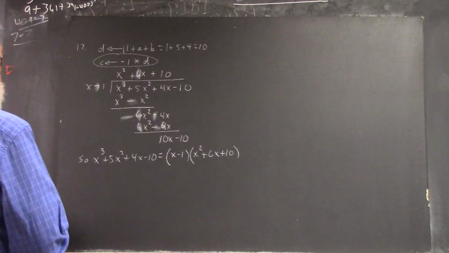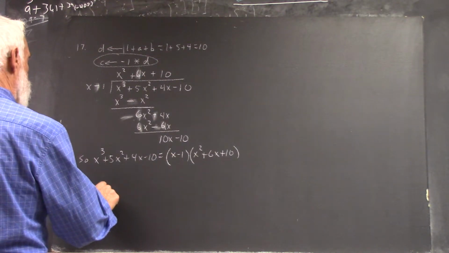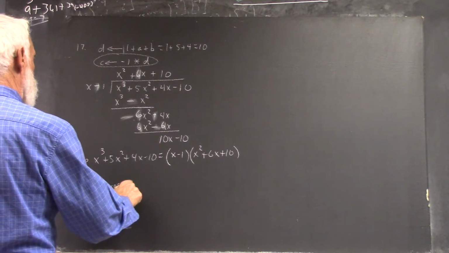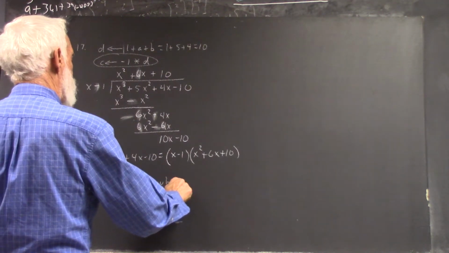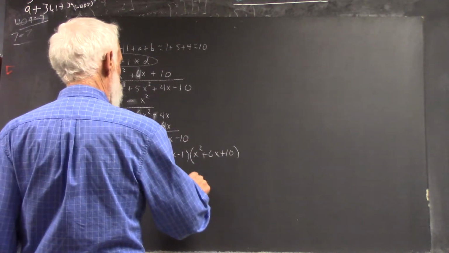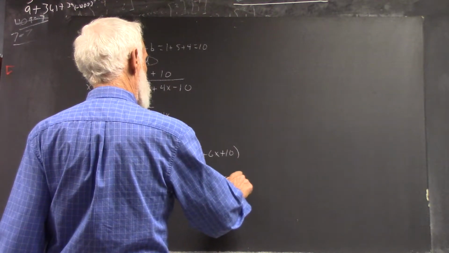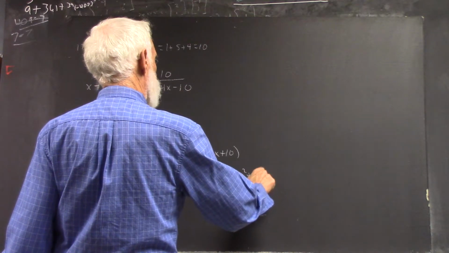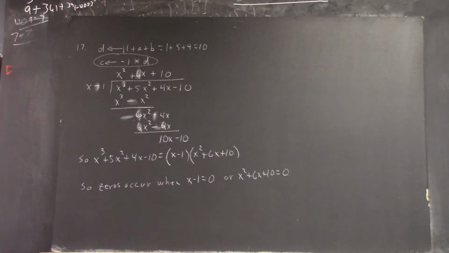Okay? So the zeros occur when x minus 1 equals 0, or x squared plus 6x plus 10 equals 0.